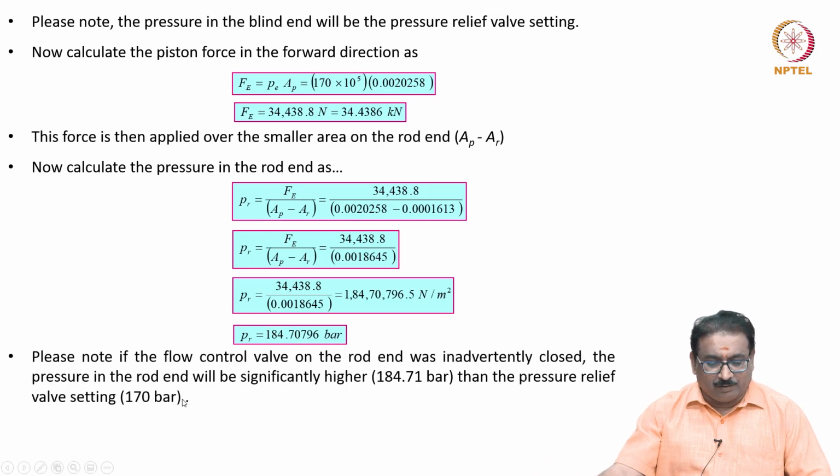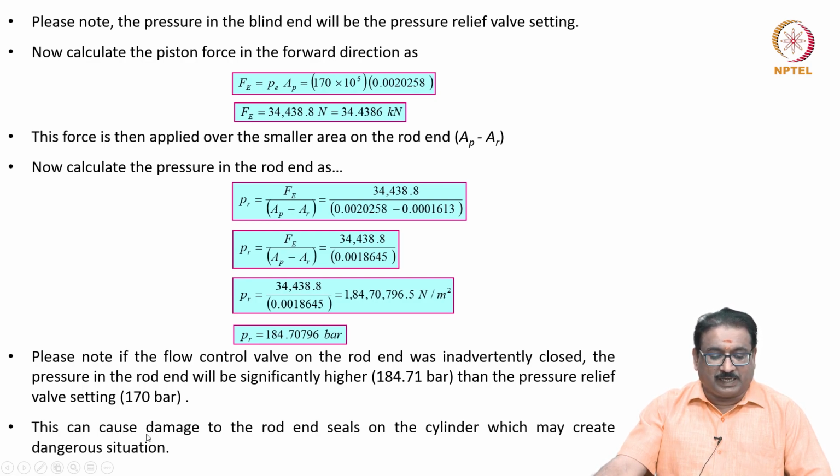So please note, if the flow control valve on the rod end was inadvertently closed, the pressure in the rod end will be significantly higher, what I calculated here, 184.71 bar, than the pressure relief valve setting of 170 bar. This can cause damage to the rod end seals on the cylinder, which may create a dangerous situation.